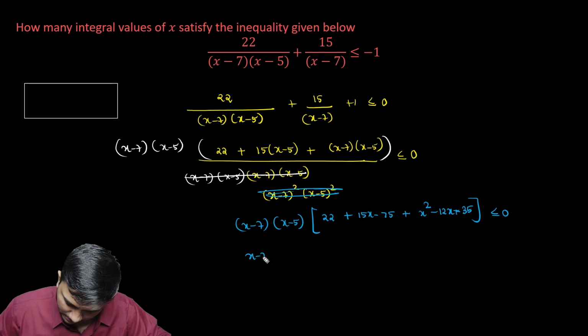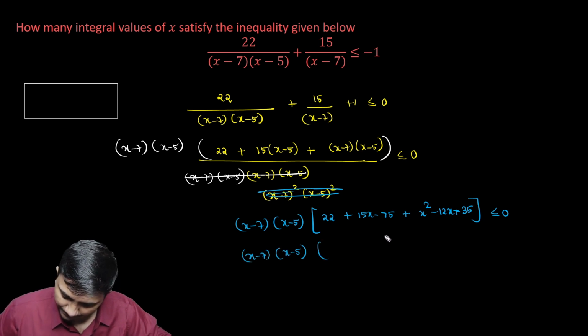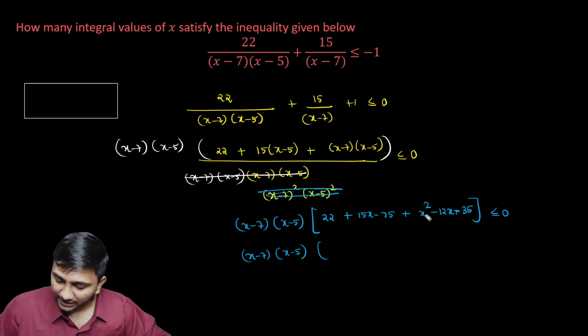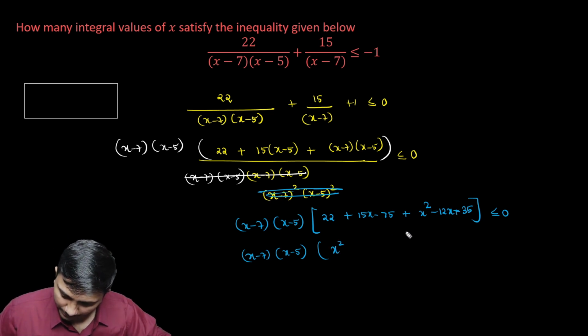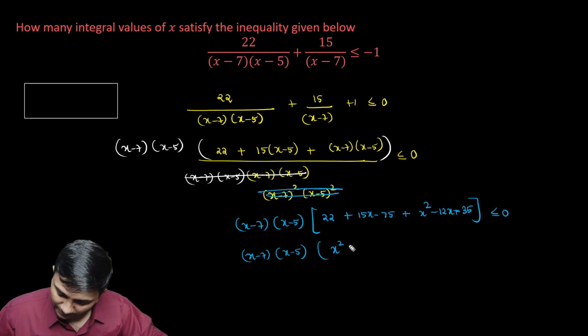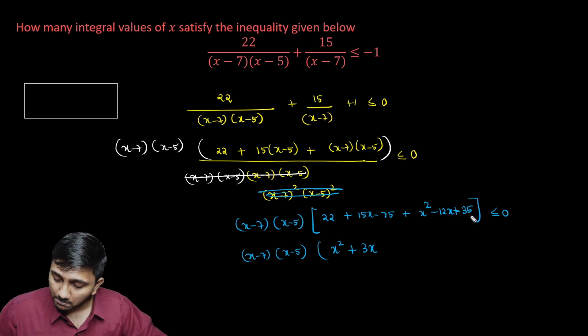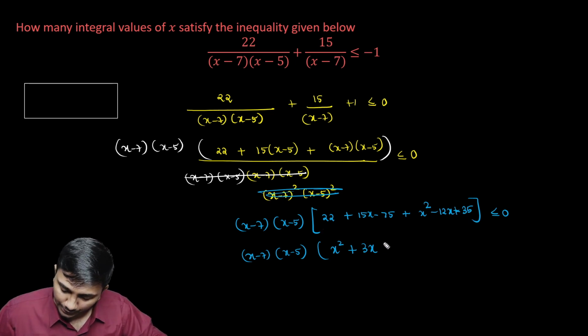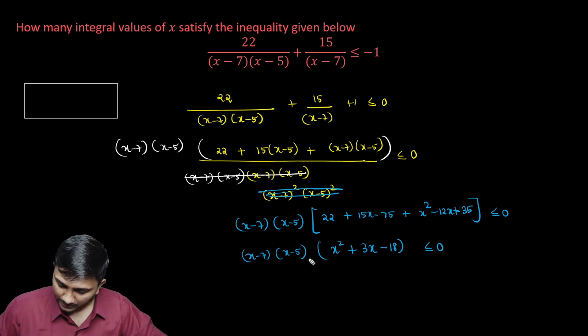Let's see what will come out of this. I have an x squared here, so 3x squared. And what about the coefficient of x? I have plus 15x minus 12x, so that's going to be plus 3x, and the constant term, minus 75 plus 35, that is minus 40 plus 22, so that's going to be minus 18, less than or equal to 0.